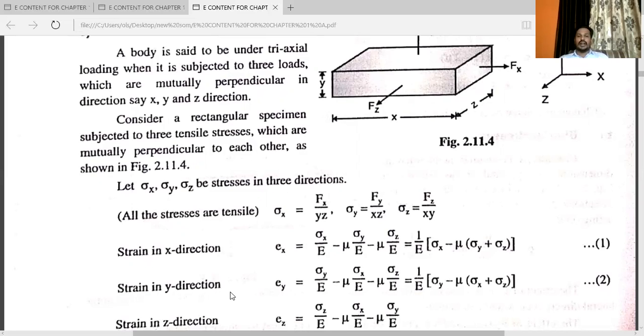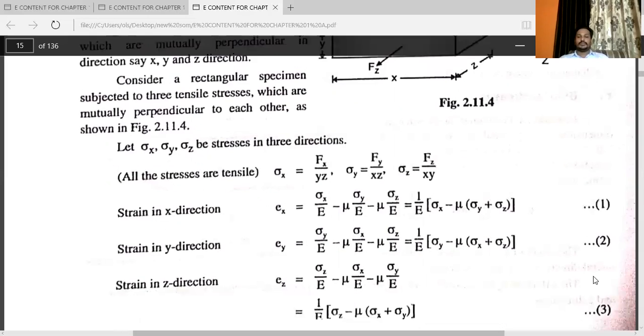Whenever we consider strain in y direction, Ey is equal to sigma y upon E minus mu into sigma x upon E minus mu into sigma z upon E. So the formula will be 1 upon E in bracket sigma y minus mu into (sigma x plus sigma z), whole bracket complete. That is equation number 2.